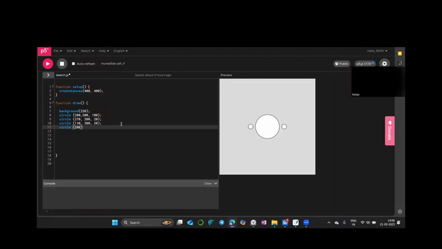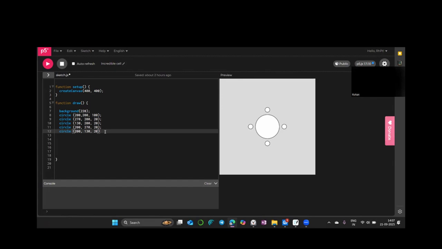The x coordinate is going to be the same. We're going to increase the y coordinate by 70 and run it. We get this one. Similarly, the next time, again keeping the x-axis the same, if we subtract 70 from 200, we get a circle at the other end.